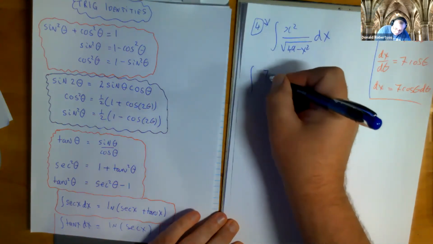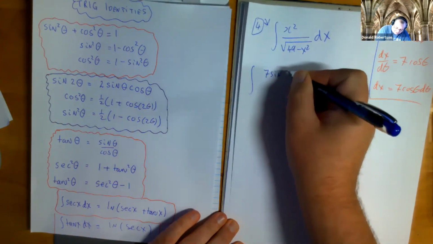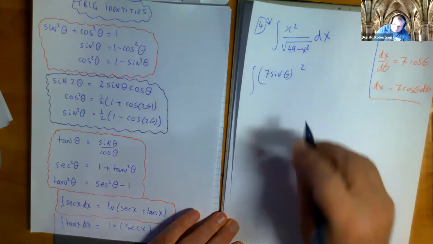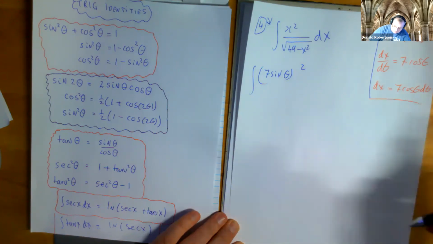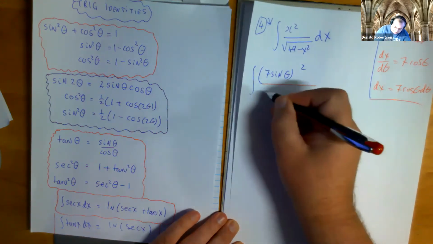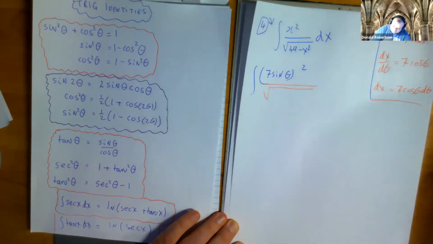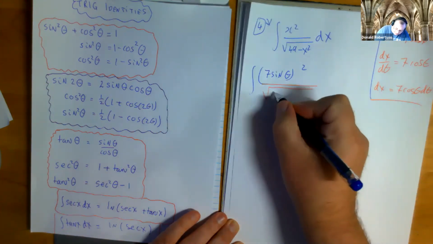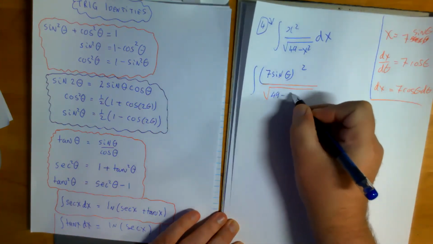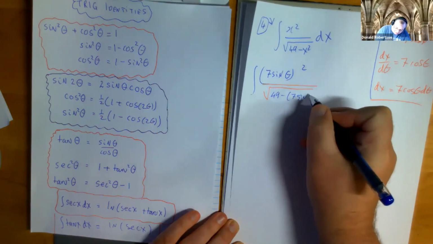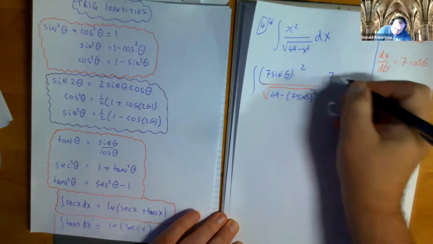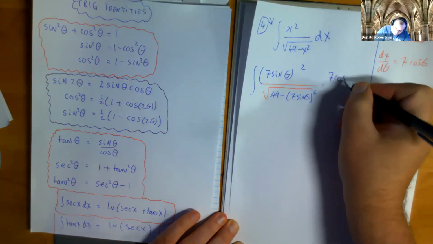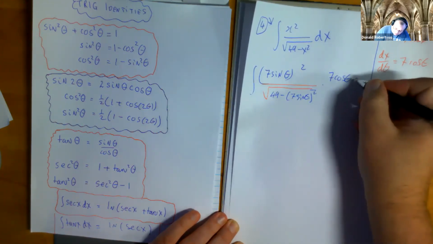So x squared is 7 sine theta squared, the square root on the bottom is going to be 49 take away 7 sine theta squared, and the dx is going to be 7 cosine theta d theta.